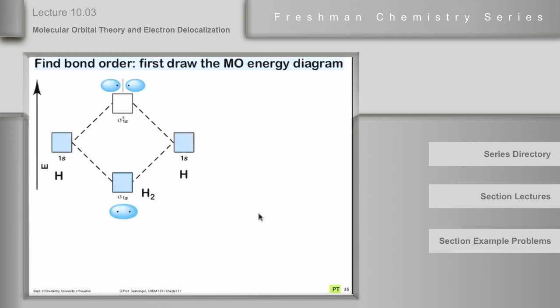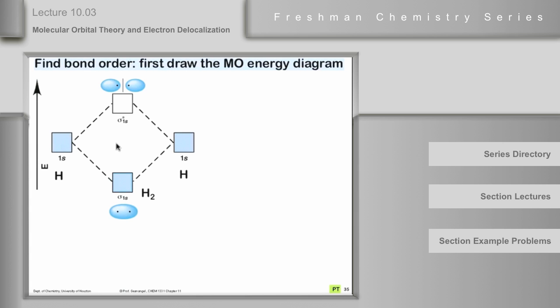All right, so now I offer you this diagram. This is the molecular orbital energy level diagram that applies for any two atoms that use two s orbitals to form their molecular orbitals. This would work fine for H2 or He2 or Li2, anything that forms a bond by combining two s orbitals.